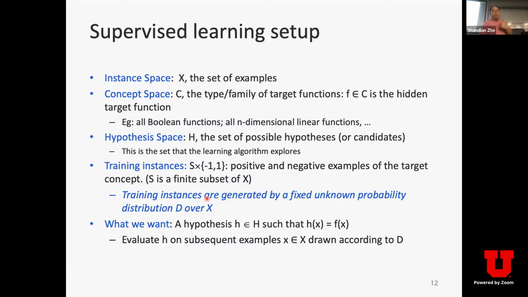And then during the evaluation, we assume the new test instances are also drawn according to this unknown data distribution D. Does it make sense?